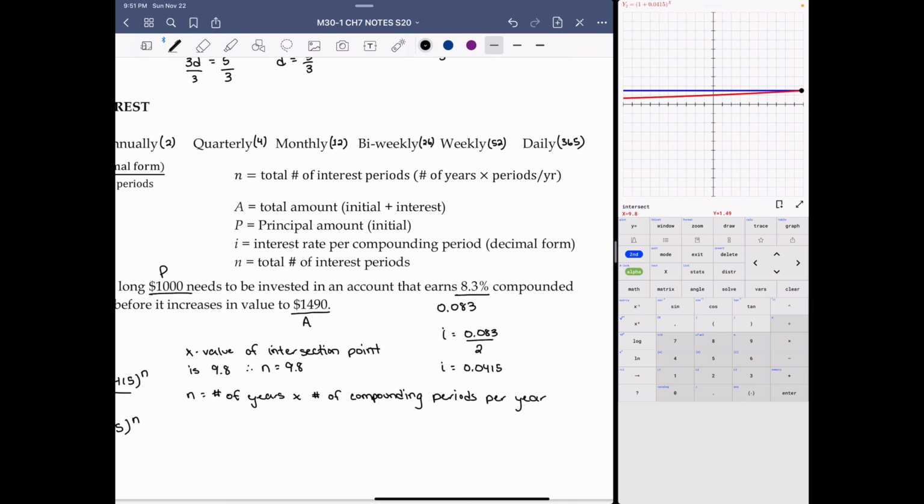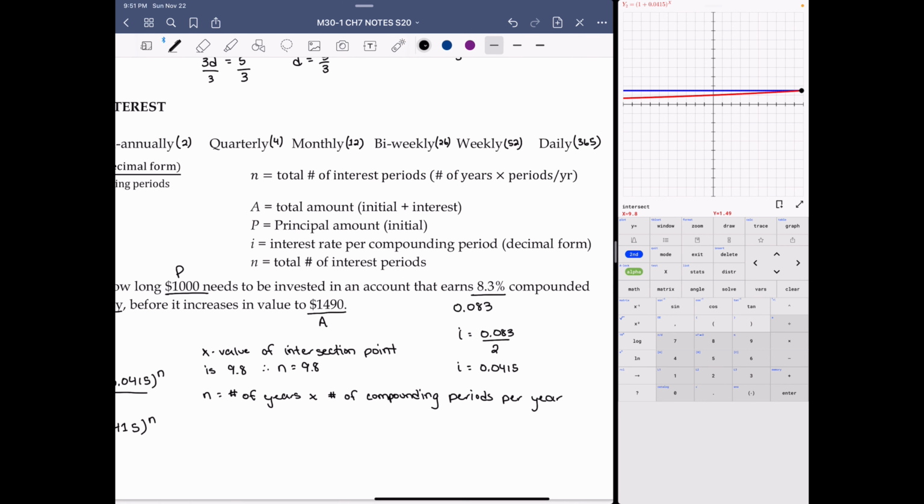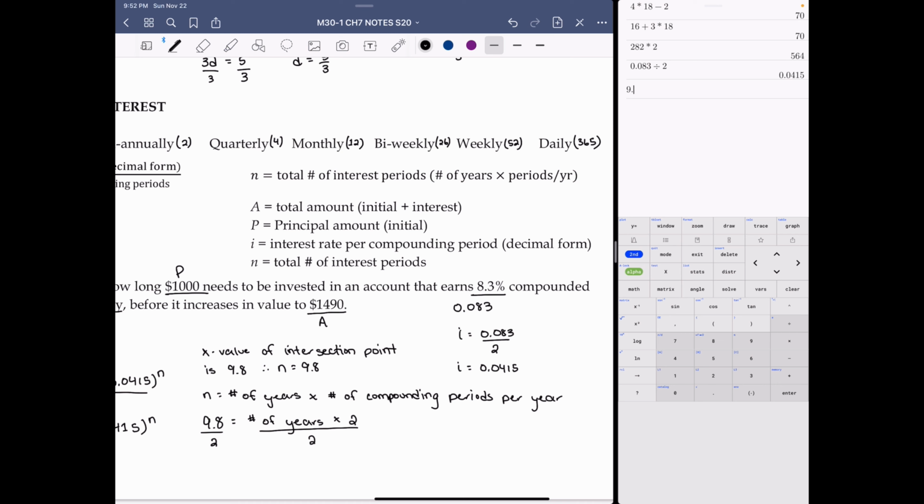So in this question, we compounded semi-annually, so 2 times a year. Then our n value of 9.8 equals our number of years times 2. So to solve for the number of years, we would divide both sides by 2. 9.8 divided by 2 is 4.9.